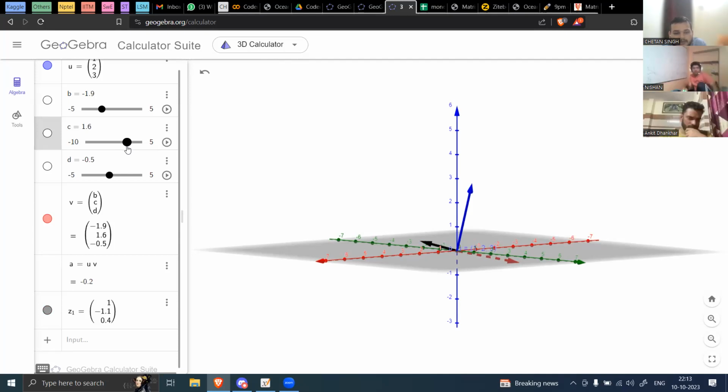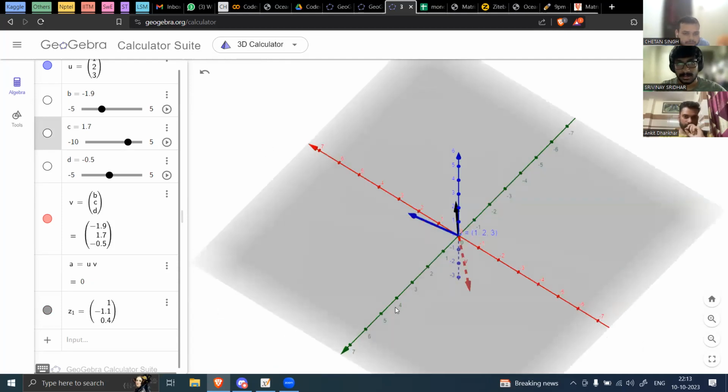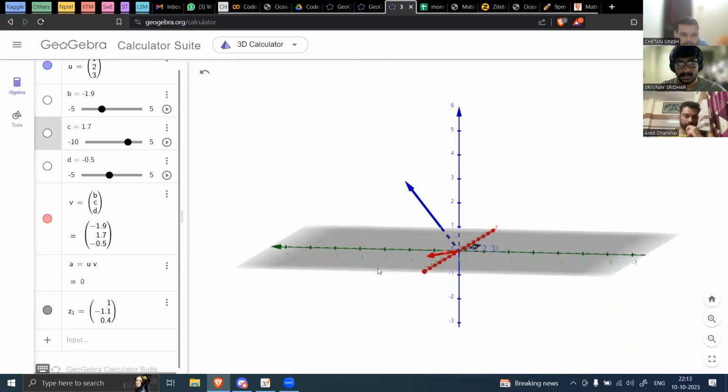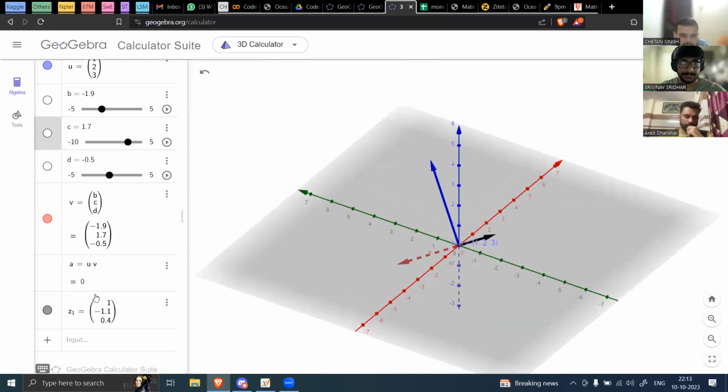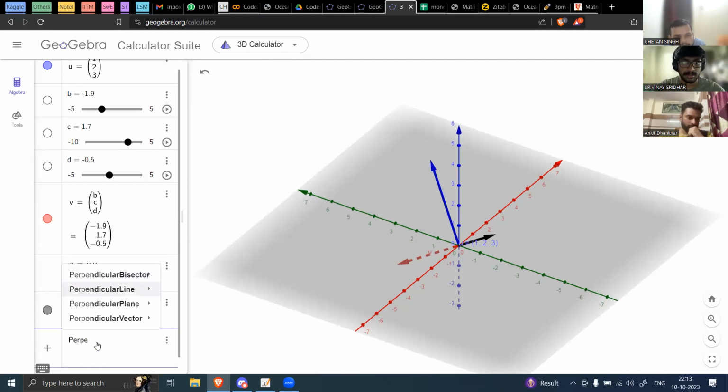Shivane, can you draw a perpendicular plane to this vector 1, 2, 3? I got the second vector as well. We'll vary it. We want a perpendicular plane to this vector 1, 2, 3. A perpendicular plane. A point and a vector.